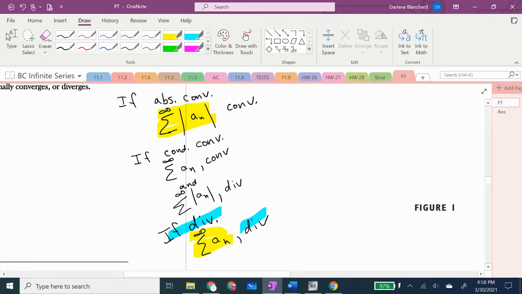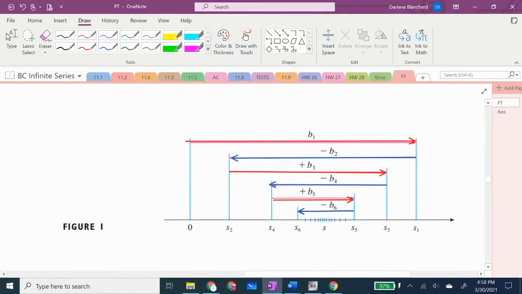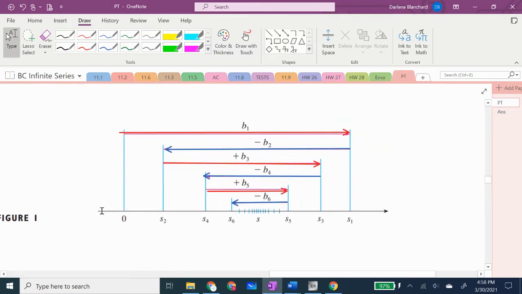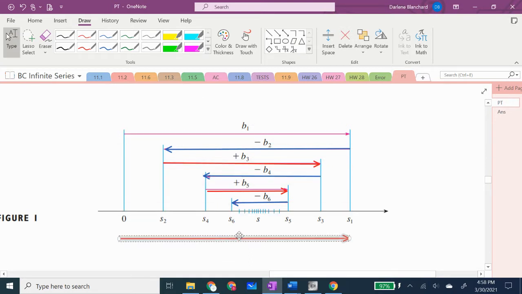And let me help you to understand the difference. If I have an alternating series and I go negative, positive with my terms, then basically say this is the quantity of my first term and it's positive.